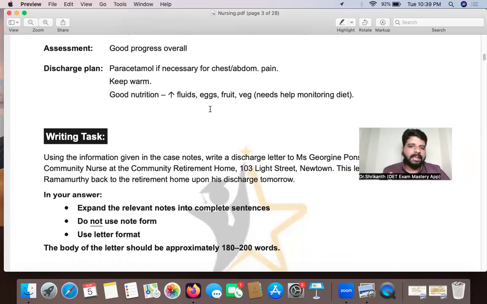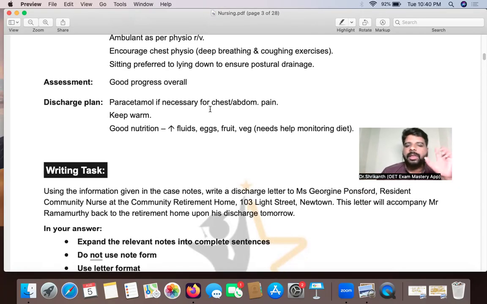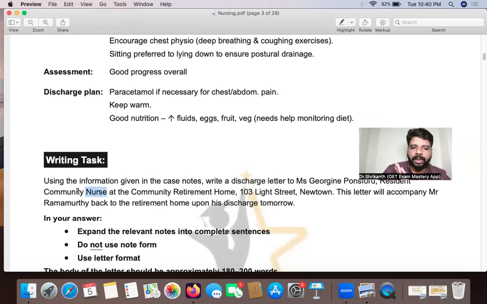If this mindset is coming, then automatically your worry regarding grammar and sentence errors will fade away, because your priority is the well-being of the patient. Automatically you will be able to choose the correct information, because this is your patient and you care for the patient. You will think, I'm writing to a community nurse, and the reason for writing is so and so.